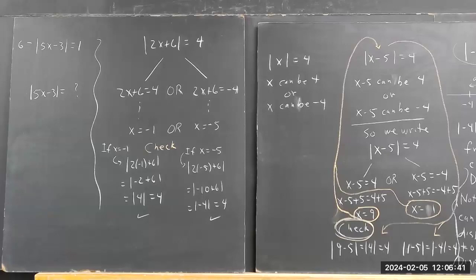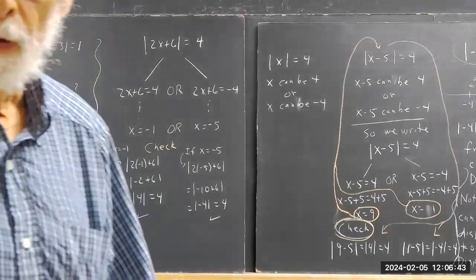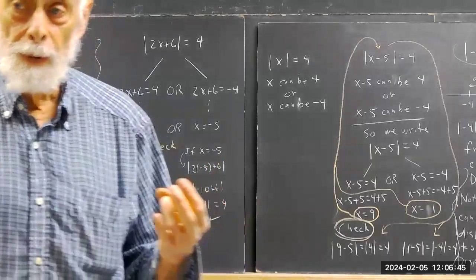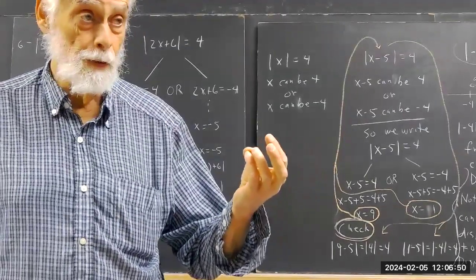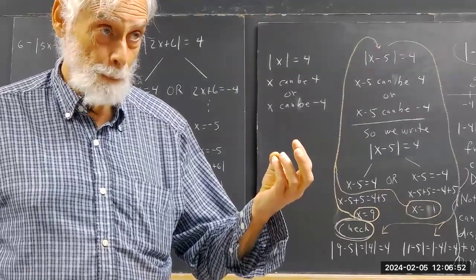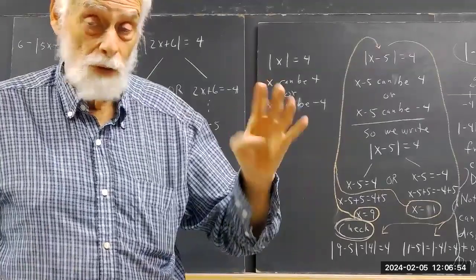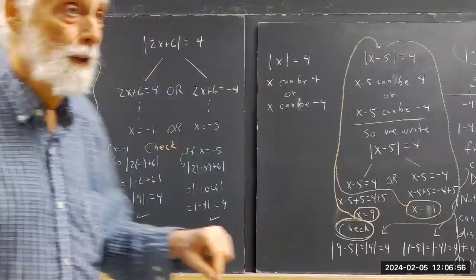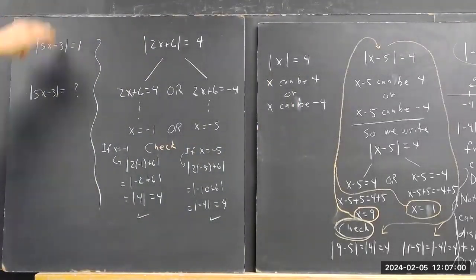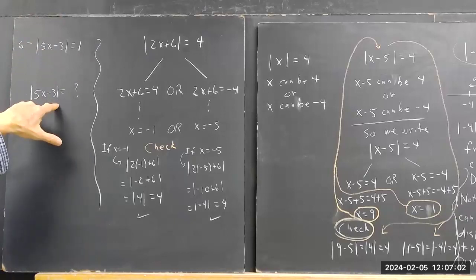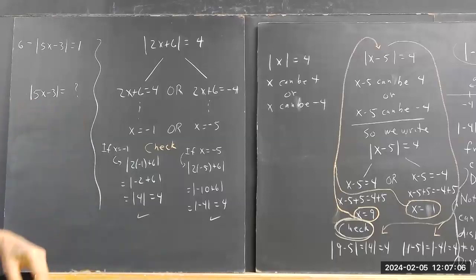We could add the same thing to both sides, subtract the same thing from both sides, multiply both sides by the same quantity, divide both sides by the same non-zero quantity. Okay, so that's 4 things we can do. How do we do some of those 4 things to get from here to just plain old, the absolute value expression isolated on the left-hand side?